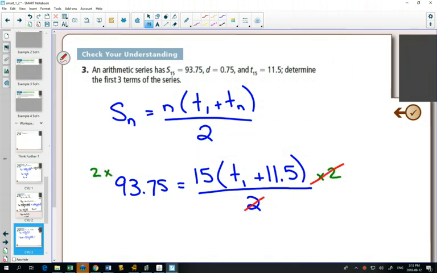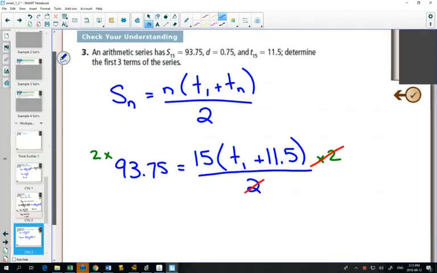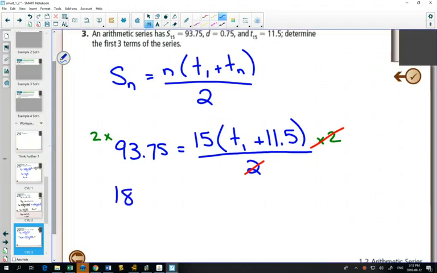That will simplify the 2 on that side, and 93.75 times 2. Someone check that, please. 187.5. Okay? And now on this side we still have 15 times term 1 plus 11.5.